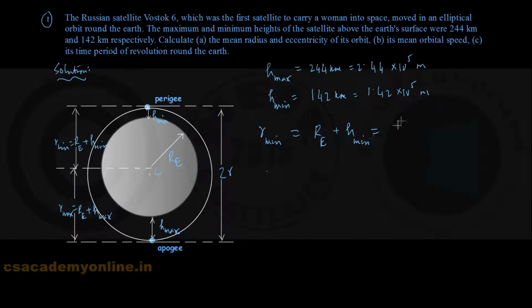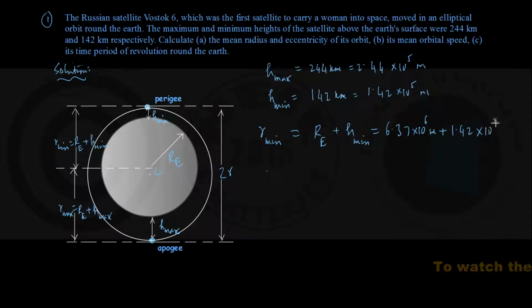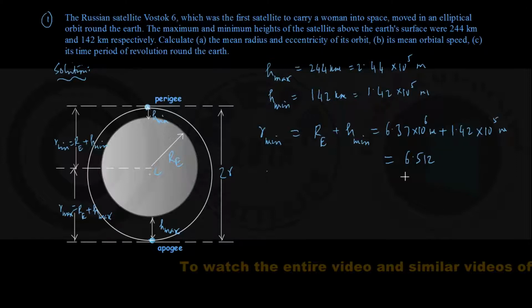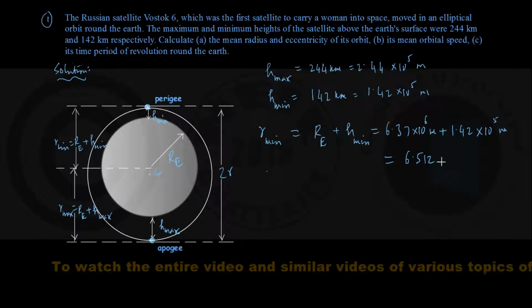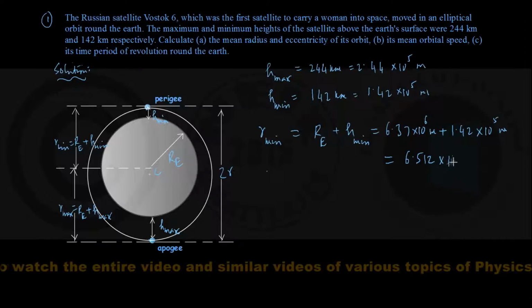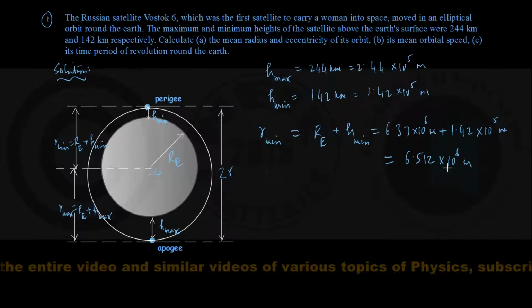This is coming out to be how much? We know the value of RE, that is 6.37 times 10 to the power 6 meters, and the value of H minimum is 1.42 times 10 to the power 5 meters. This is coming out to be 6.512, I am writing in 4 significant figures to avoid any rounding error in the intermediate step, times 10 to the power 6 meters.